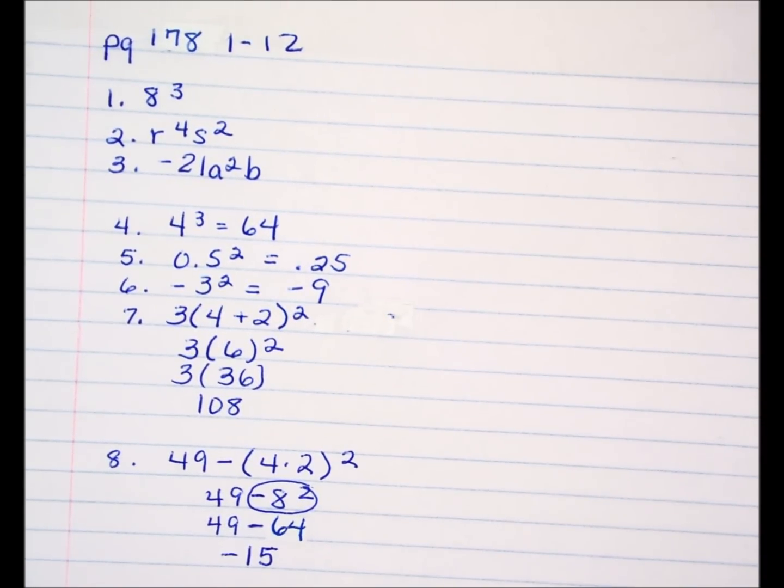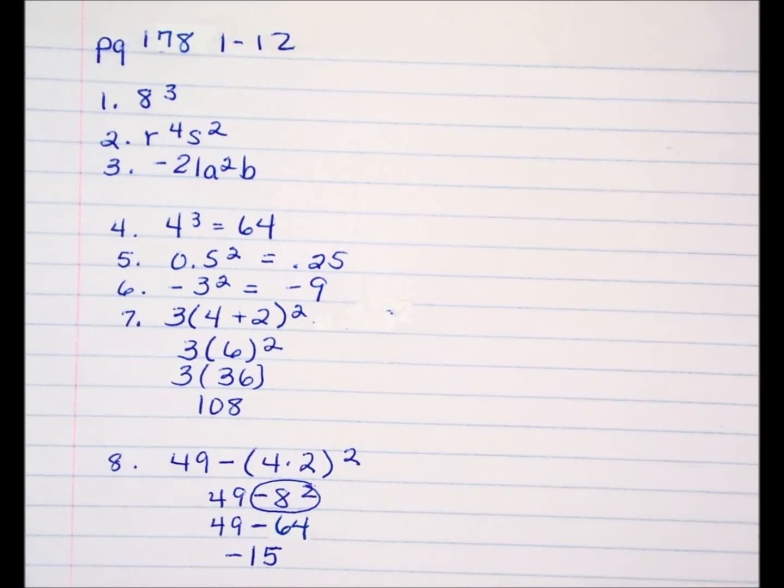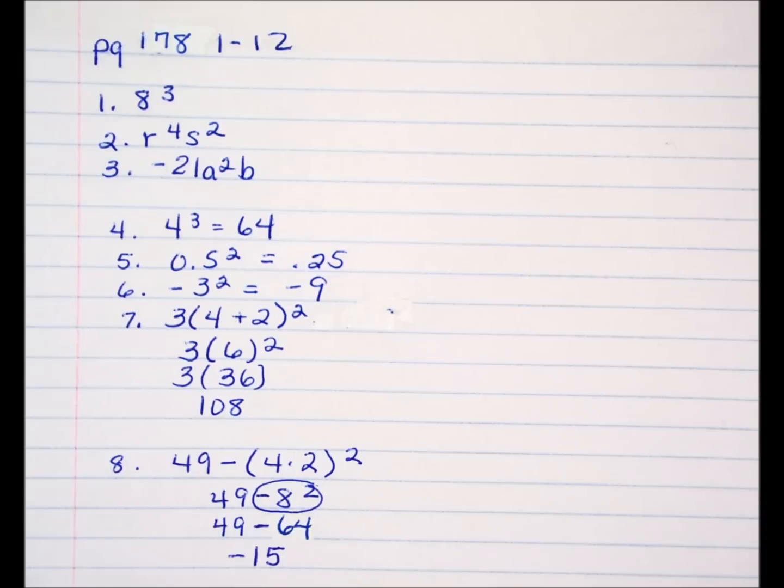Okay, we're back and we're ready to do page 178, 1 through 12. The first section asks you to just write exponents. It gave you 3 8s, so you would have written 8 cubed. Gave you 4 r's and 2 s's, so it'd be r to the 4th s squared.